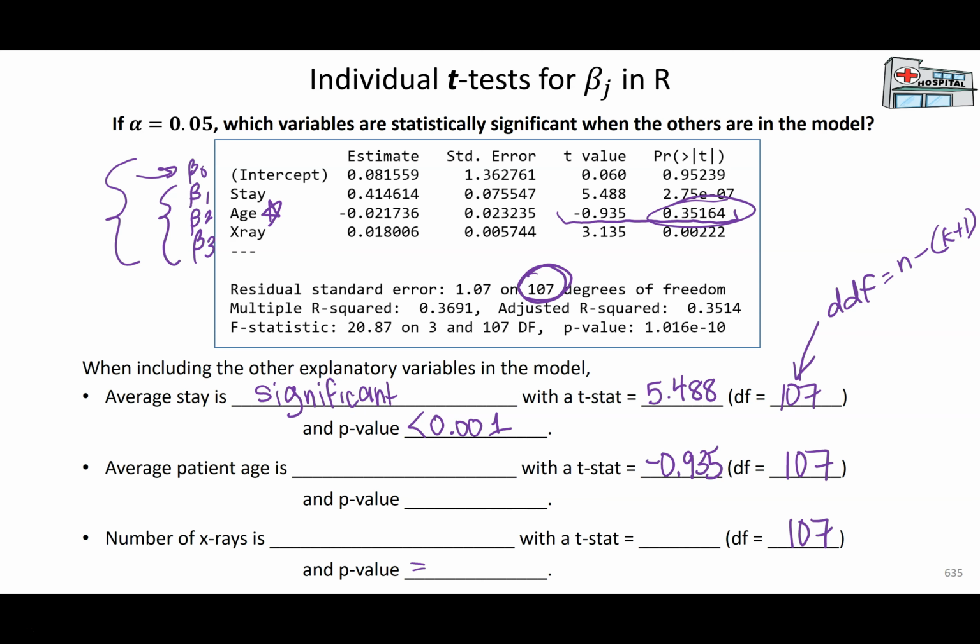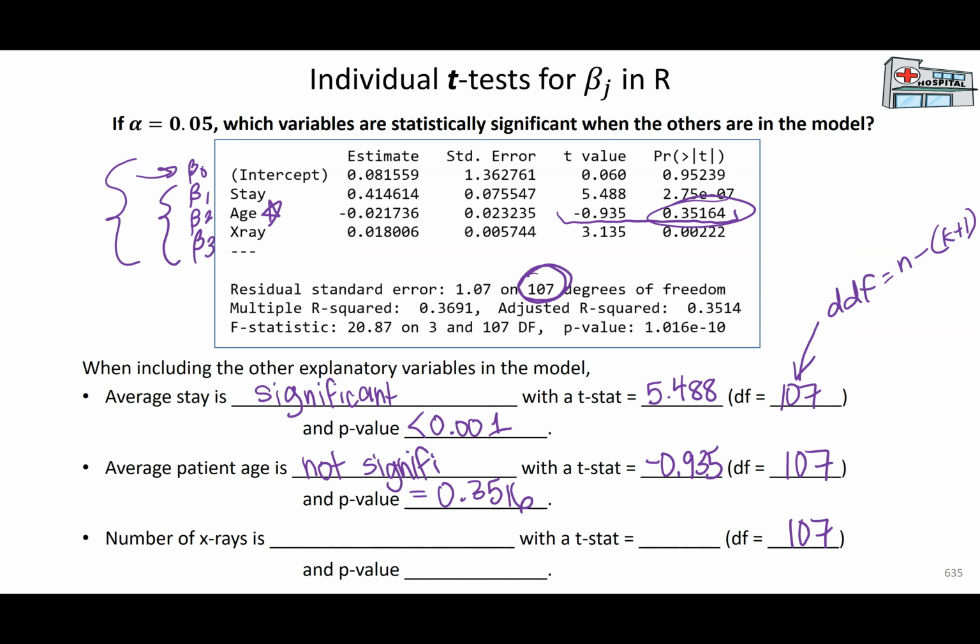It's equal to 0.3516. So considering this, I would say the average patient age is not a significant predictor of the infection risk when you include stay and x-ray in the model. So here I'm going to say not significant.